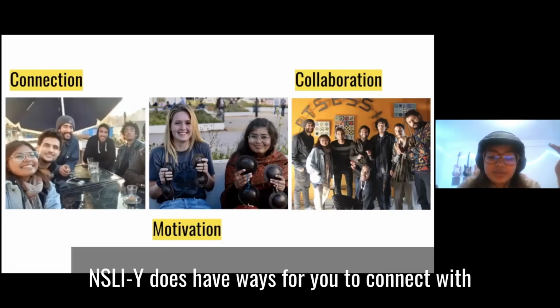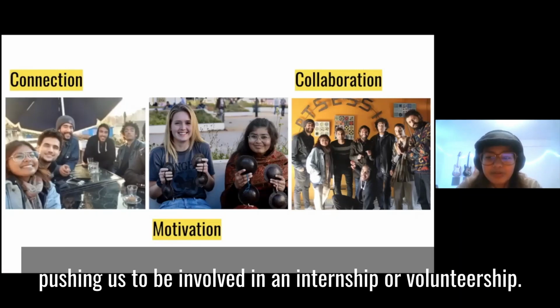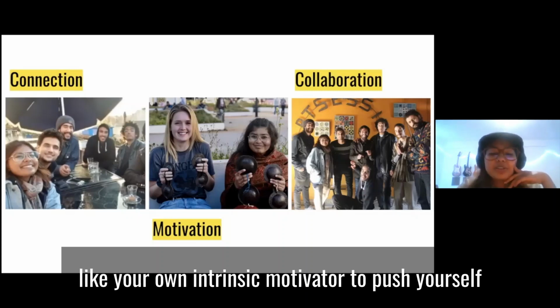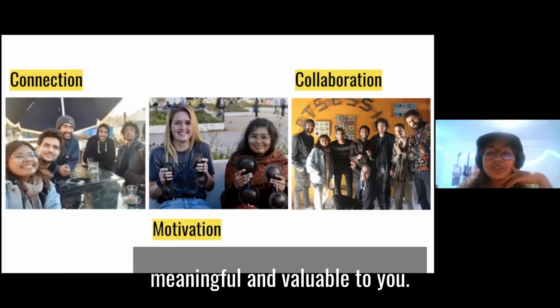NSLI-Y does have ways for you to connect with people, like our language partners, and pushing us to be involved in an internship or a volunteership. But pursuing your own project can be your own intrinsic motivator to push yourself to learn the language, and something that is really meaningful and valuable to you.